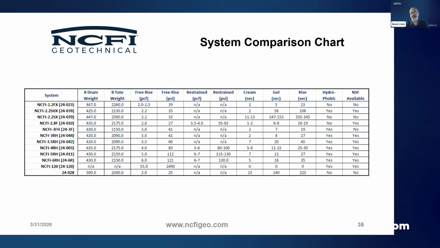You can see that the system names are there, correlated to the old names as well. And you can compare the free rise density of different systems, the cream time, gel time, rise time, is it hydrophobic, is NSF available or not? All of those things are on this chart. And of course, the chart information is pulled directly from the technical data sheet. So if you have the technical data sheet, you have this information.